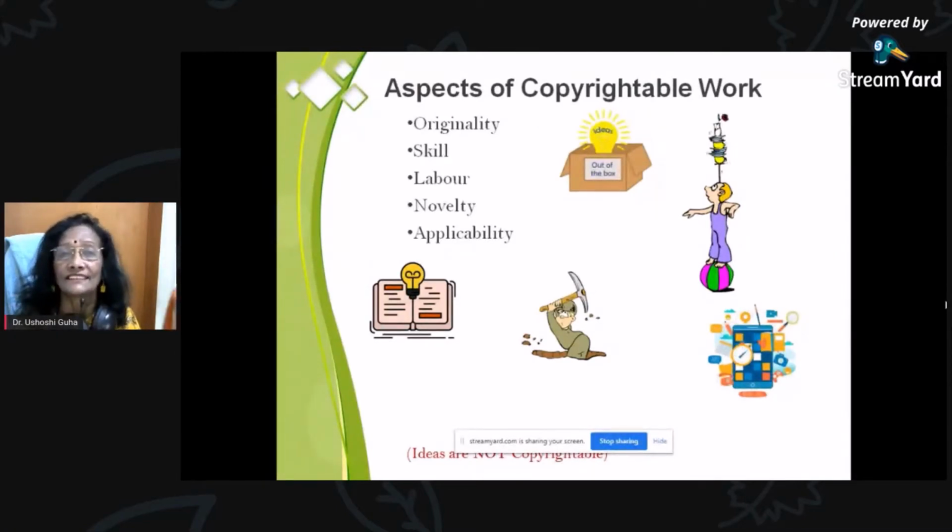Only ideas, out of the box or inside the box, cannot be copyrighted. So the copyrightable work is not just ideas put into some kind of machine; they are to be applied, they are to be shown, and then they are to be of use.